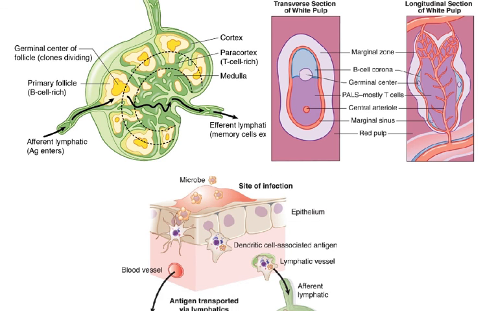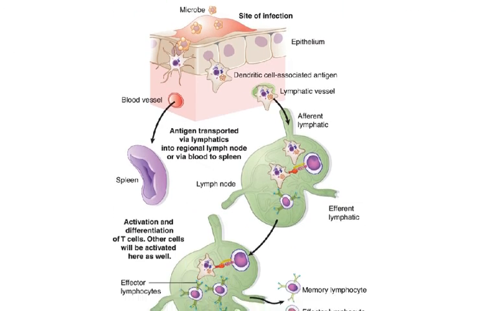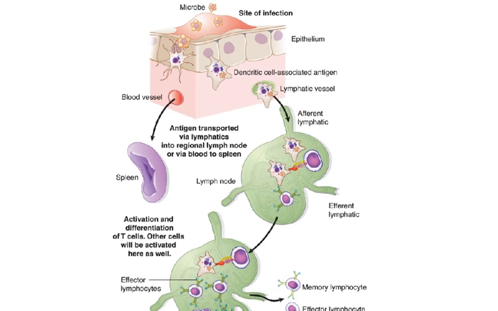So here's a little summary of what goes on in the immune response with these immune organs and these immune cells. So if we have a tissue and it gets infected, then if it's in the blood, it's going to go to the spleen. That's this little part.